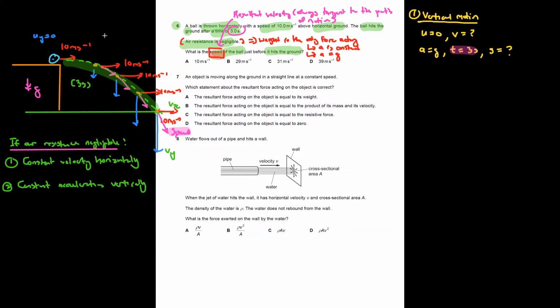If you were to move from this starting point to this end point, you actually move horizontally like this, as well as vertically like this, okay? So for the horizontal motion part, from the start to the end, it will be 3 seconds. And for the vertical motion part, from the start to the end, it will also be 3 seconds. What I mentioned to you before was this. There's one thing that links the constant velocity horizontally and the constant acceleration vertically.